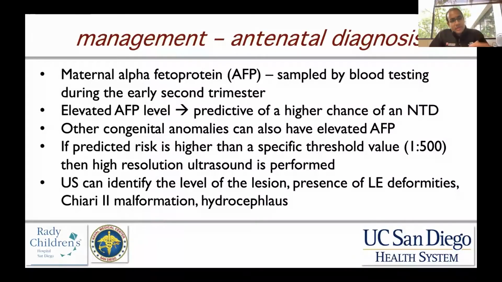There are certainly other congenital anomalies that can have an elevated AFP, but if the predicted risk is higher than a specific threshold value, typically 1 in 500, then high-resolution ultrasound or fetal MRI is performed. Ultrasound can identify the level of the lesion, the presence of lower extremity deformities and movement, Chiari 2 malformation, and hydrocephalus, all of which I'll talk about, so don't get too caught up on that right now.